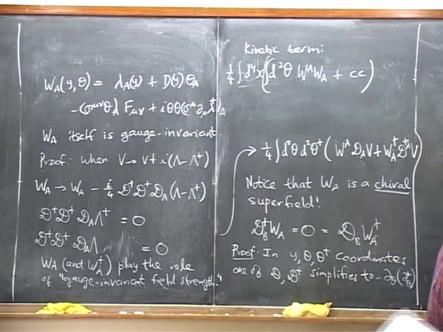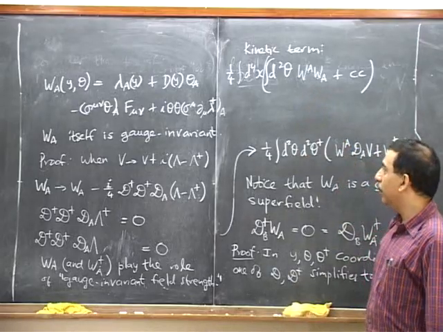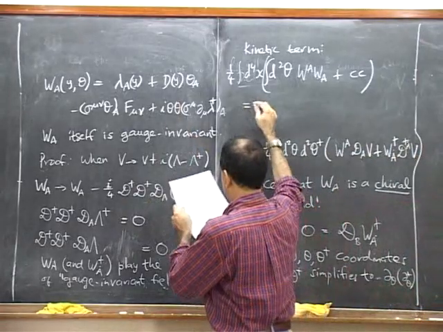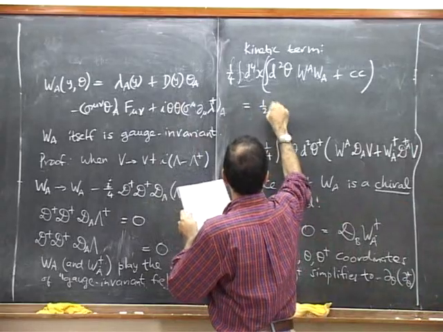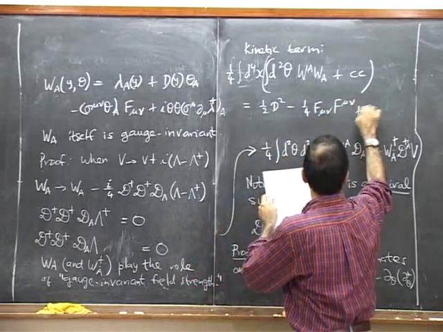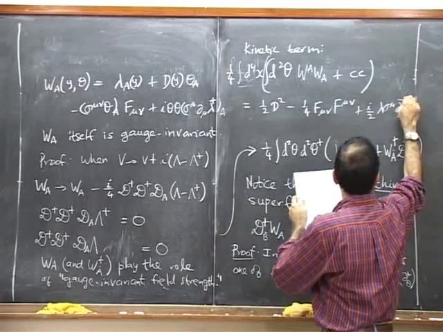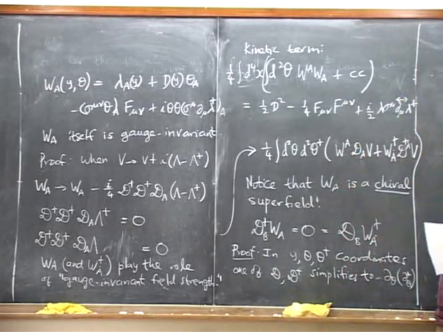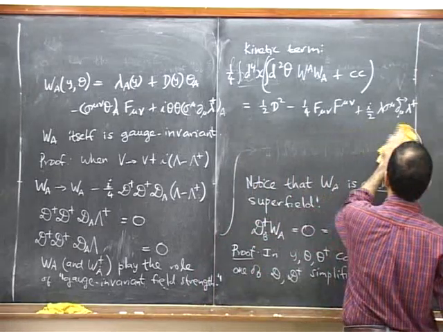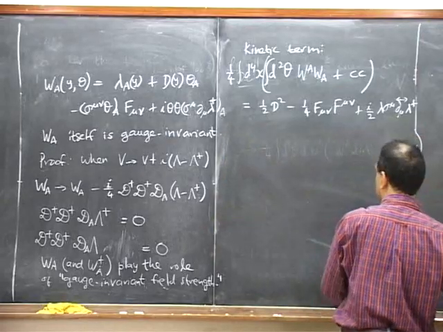And again, if you don't believe my general arguments, you can just take this thing, write out the expansion of W, which is here, and evaluate all the theta integrals, and you'll get one half D squared minus one fourth F mu nu squared plus i by 2 and so on. So explicitly, it does agree with the kinetic term we wrote down previously, and this is one way to derive an identity. It can also be done directly in superspace.